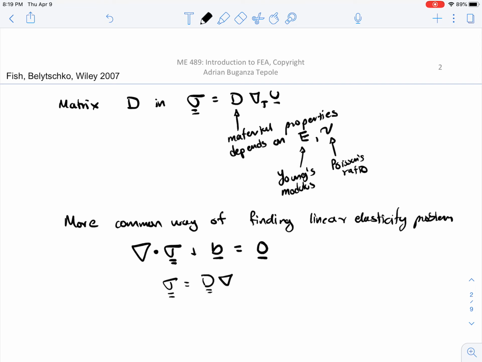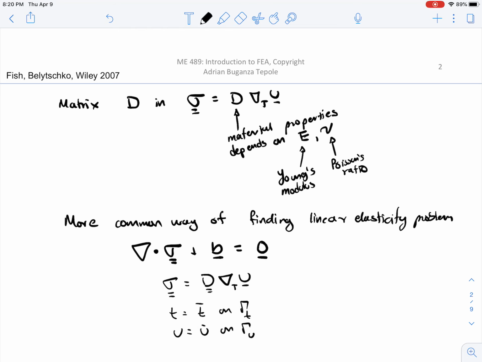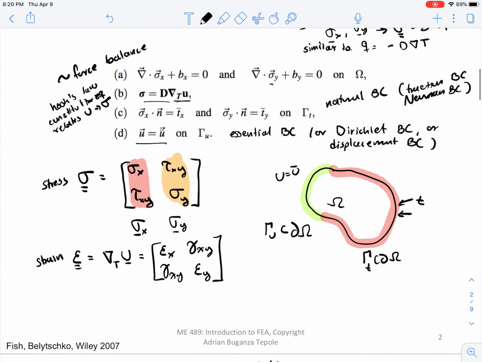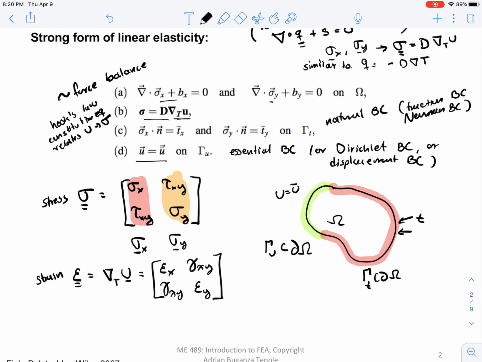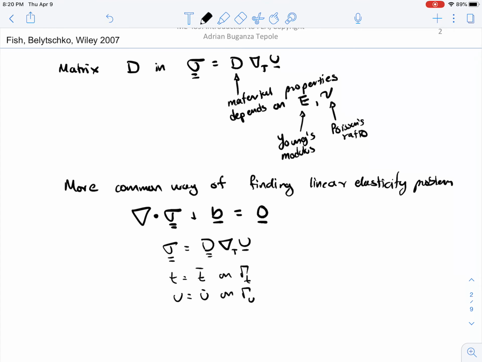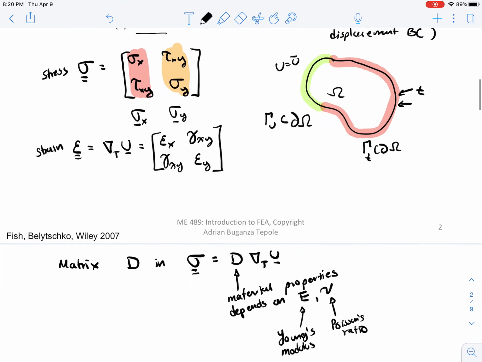So sigma is still related to the strain, which is the gradient of the displacements, and you still have some tractions on some part of the boundary, and you have some displacements on another part of the boundary. So really the only difference is that I combined these two into a single one. So that's the definition of the strong form.